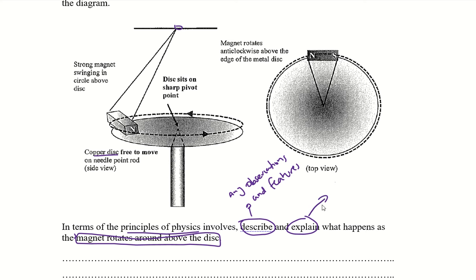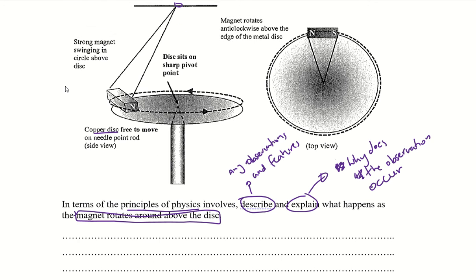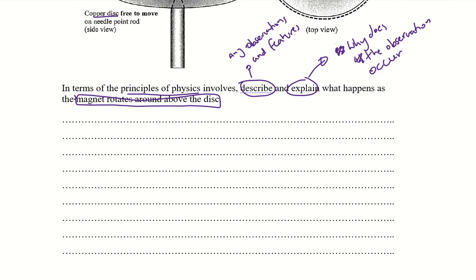And then our explain is what causes or why do the observations occur? So that's what we're looking into, specifically the magnet rotating part there. So why don't we talk about what should we see, and then we'll explain it in terms of the physics principles. Okay, so I'm going to firstly write down observation just to make it really clear.